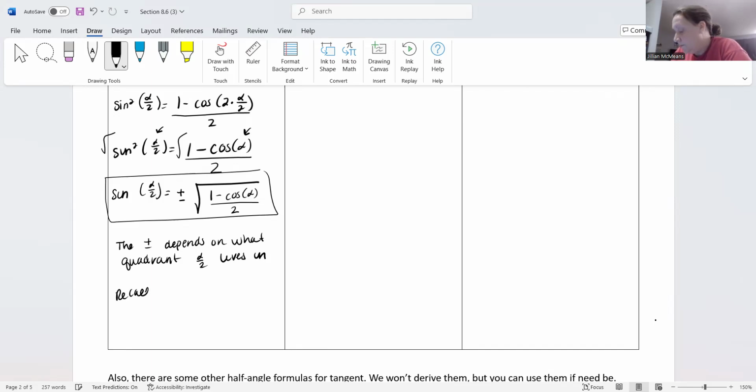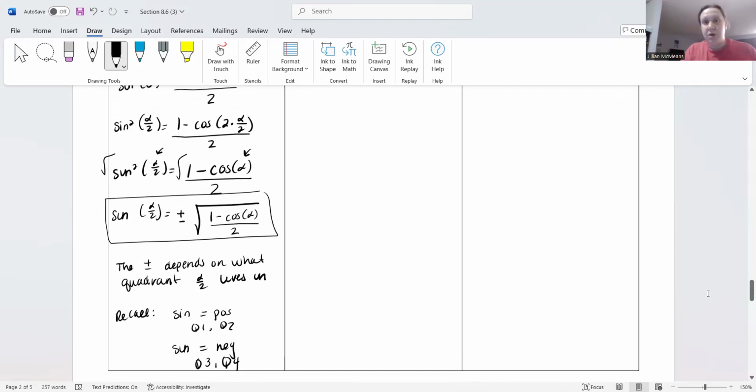Recall, sine is positive in quadrants 1 and 2, and sine is negative in quadrants 3 and 4. So when it comes down to determining if we get plus or minus this radical, it all depends on where our angle alpha over 2 lives. There's a way we can figure that out. We'll look at that in the next video.